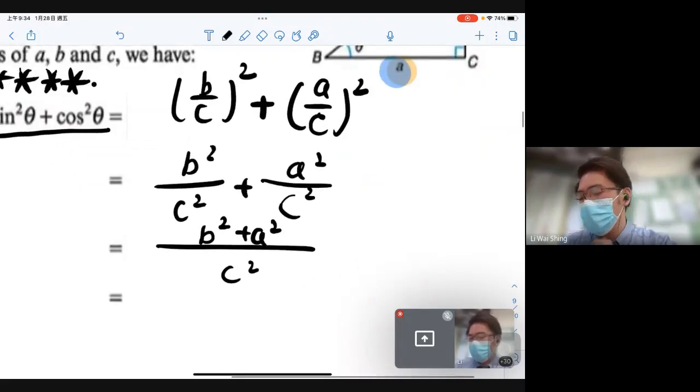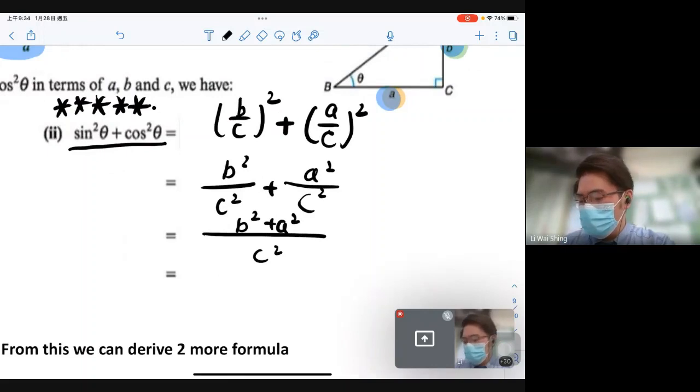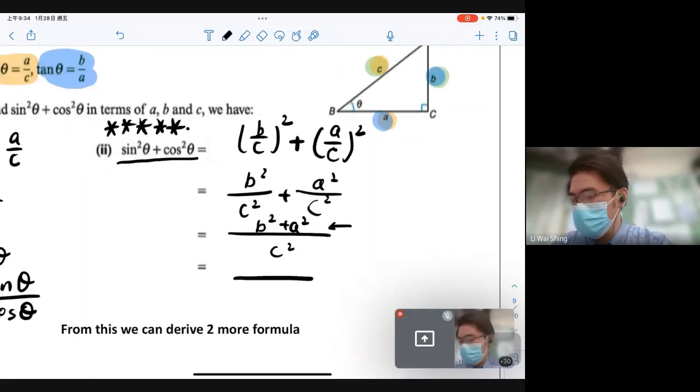Could you tell me what is B squared plus A squared? How can I simplify it in this triangle?